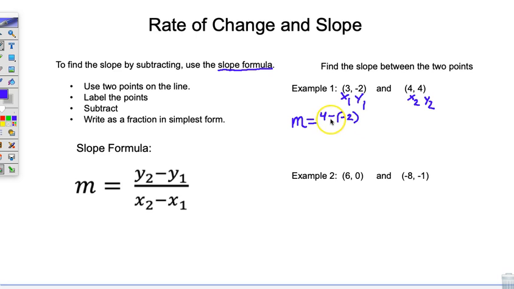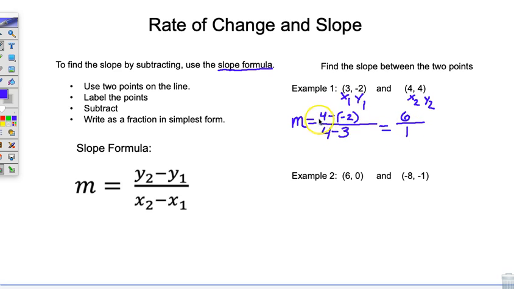So that's 4 subtract -2. In the denominator, we're going to take an x2 value, which also is a 4, and we are going to subtract my x1 value, which happens to be a 3. Okay, so when we take 4 subtract -2, that is actually a 6. 4 minus 3 is a 1.